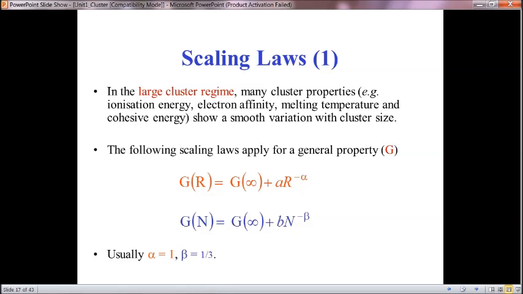Alpha is, we know, the attenuation with the electrons. A and B are dimensions. And G of n, the general property of number of particles, is equal to G of infinity plus B into n to the power minus beta, where beta is most probably 1 by 3.